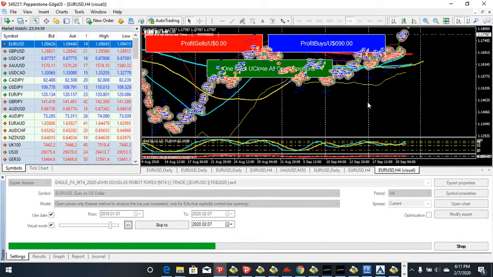You know, buy, blue dot, buy. I look at the profit here. That's how it moves the profit. And close automatically.